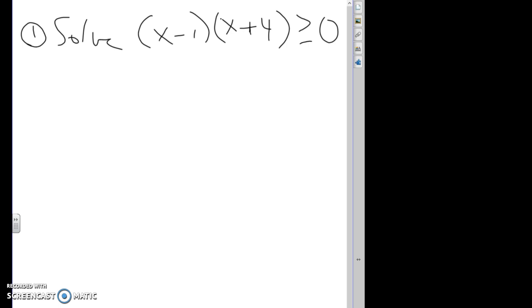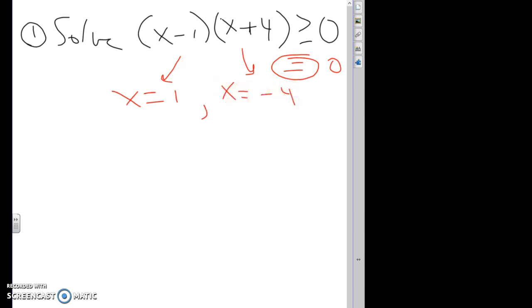Since it's already factored, if we were pretending it was equal to 0, we would just solve each one of these and get x equals 1, x equals negative 4.